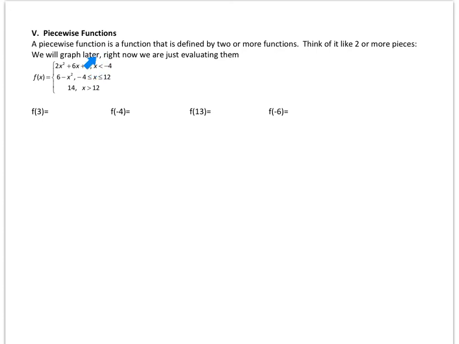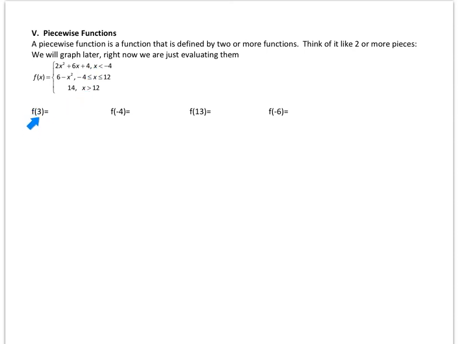So that means any number that's smaller than negative 4, but not including negative 4, you'll plug into this function. If I have any x value between negative 4, including negative 4, and 12, including 12, we're going to plug those numbers into the second function. If my x value is bigger than 12, my answer is automatically going to be 14. So you're not going to have 3 separate answers. Your x value only fits in one of these domains.